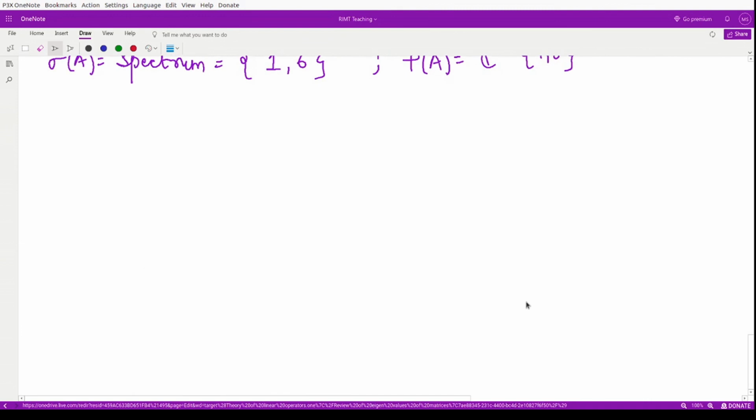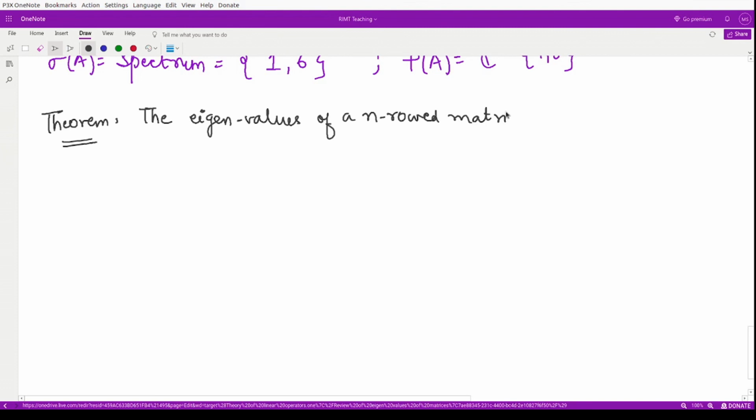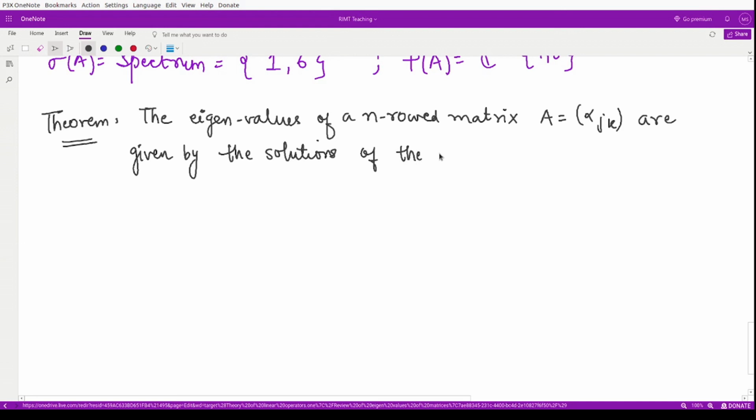So next let us have a look at one result. We have a theorem which states that the eigenvalues of an n-rowed matrix A equal to alpha jk are given by the solutions of the characteristic equation.